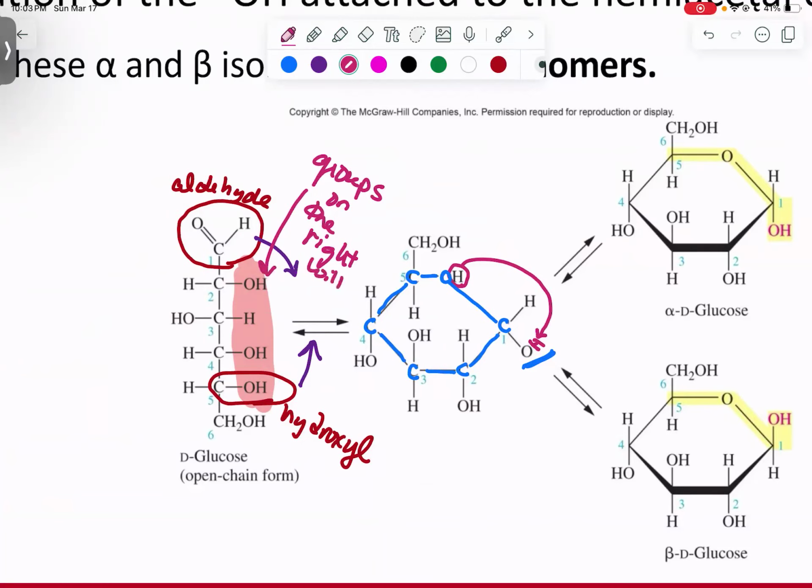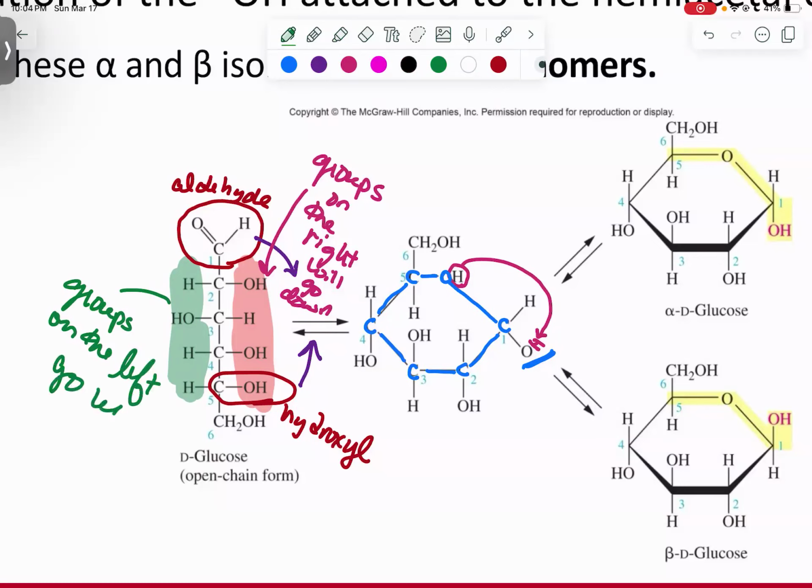The ones on the left are going to be the ones that end up going up. So groups on the left go up.